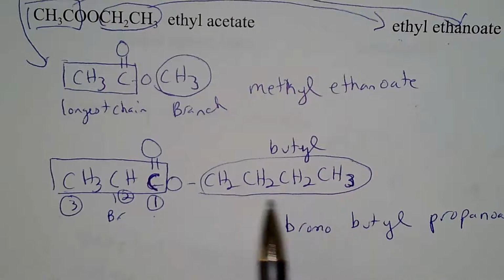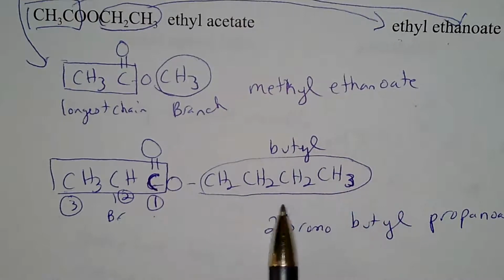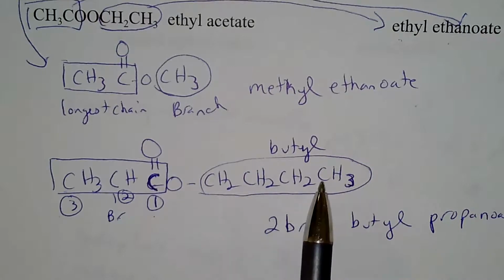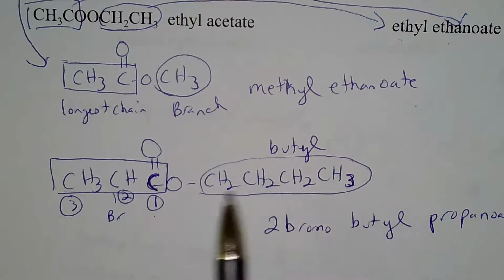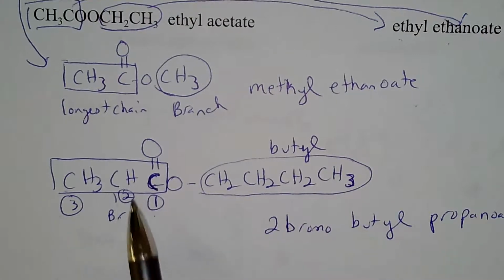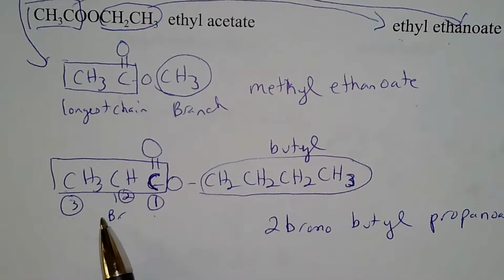Whatever is attached to the oxygen end is going to be considered a branch. I have told you before, I'm not going to do a branch off of a branch. If I put a branch, it's always going to be off of the longest chain.